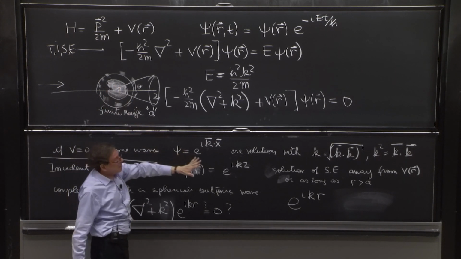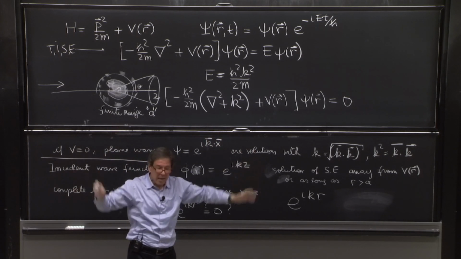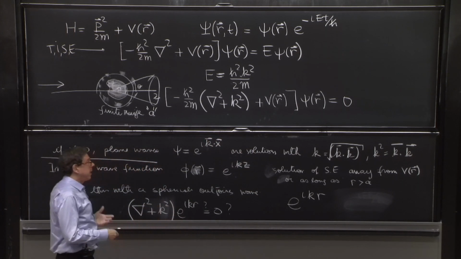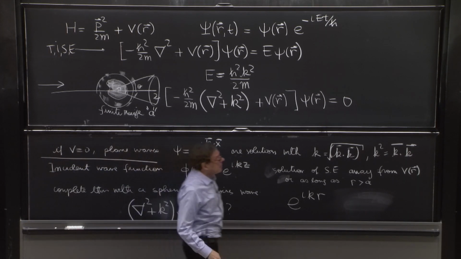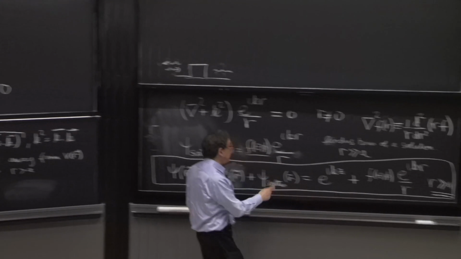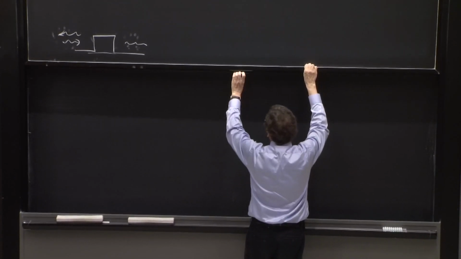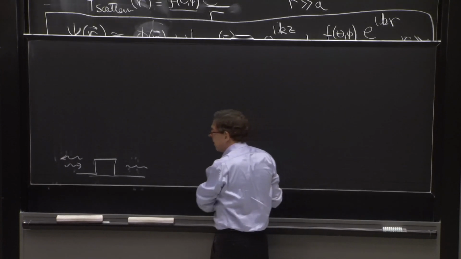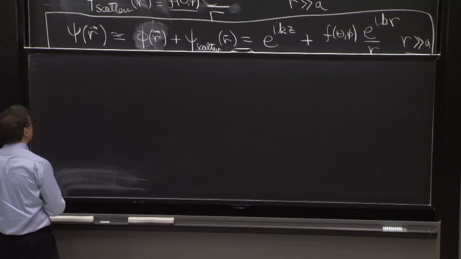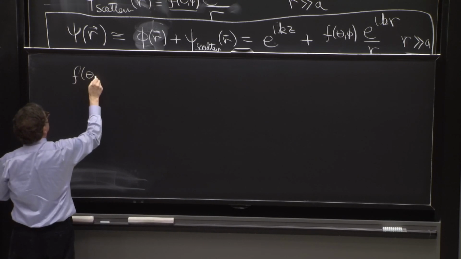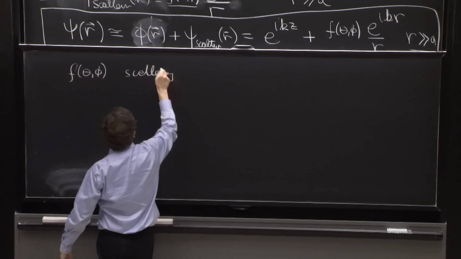But for the time being, we have all the information about what's going on far away, and from there, we can get most of what we need. In particular, this f of theta and phi is the quantity we need to figure out. This f of theta and phi is called the scattering amplitude.